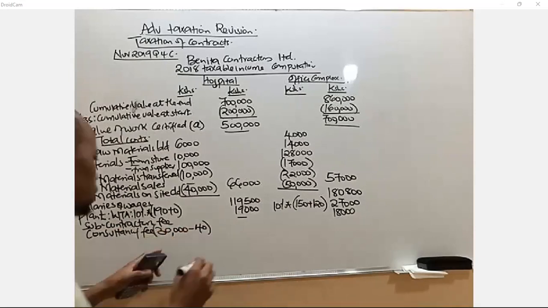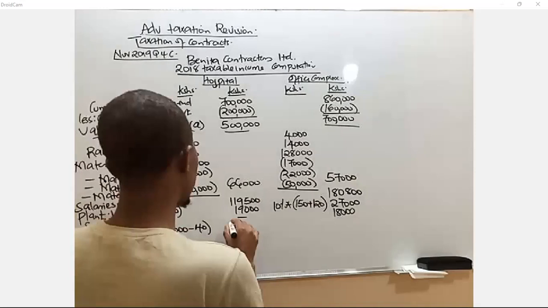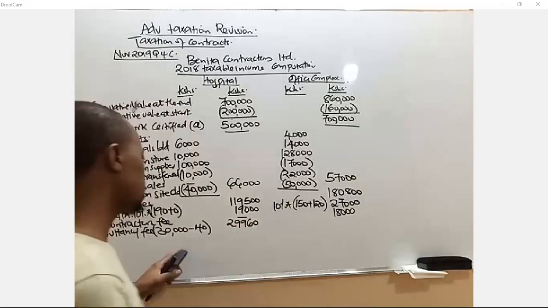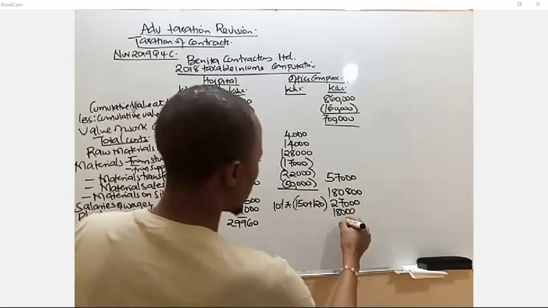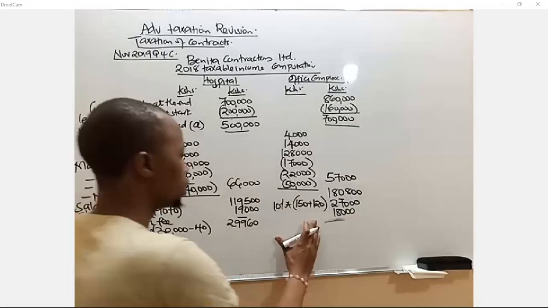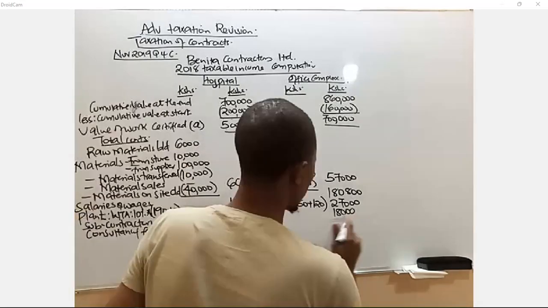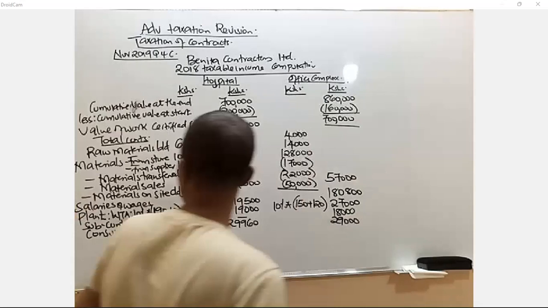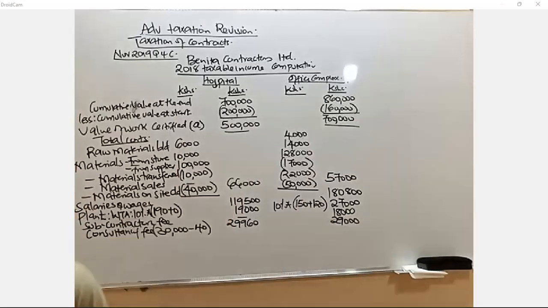Sorry, here we have around, the consultancy fee on the other end is how much? We are being given 29,000. So the consultancy on the other side should be 29,000 here. Next, after the consultancy fee, we have the inspection fee.